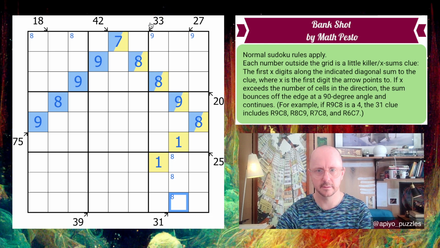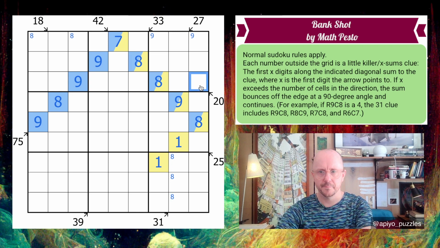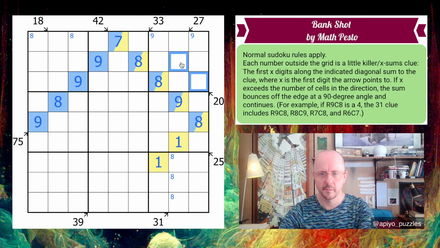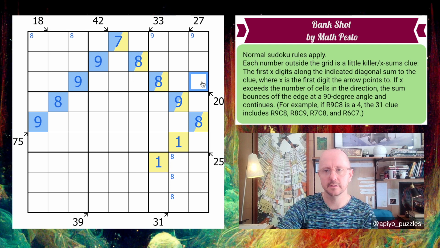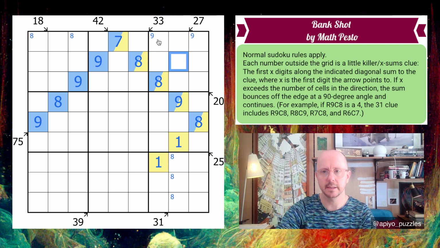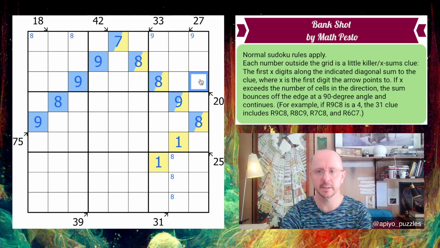Now, do any of these arrows actually, if this was only 3, this would have to be 9, 8. That can't be because of this. So this must be bigger than 3.